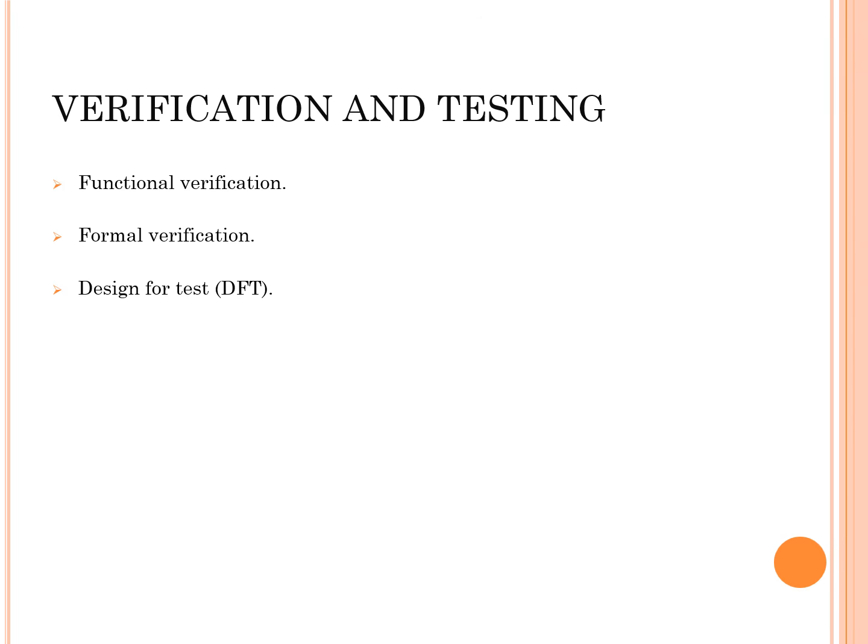This is where we simulate the design using test benches to check if it behaves correctly under different inputs and scenarios. Next is formal verification. Instead of running simulation, this uses mathematical proofs to verify that the design meets all specifications logically. Finally, we have DFT, design for testability.